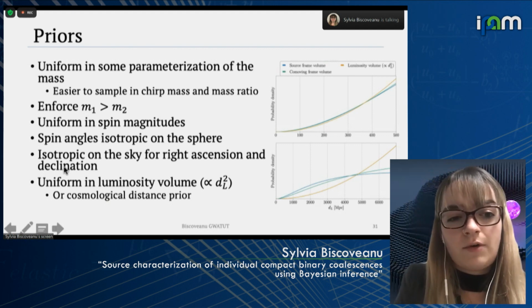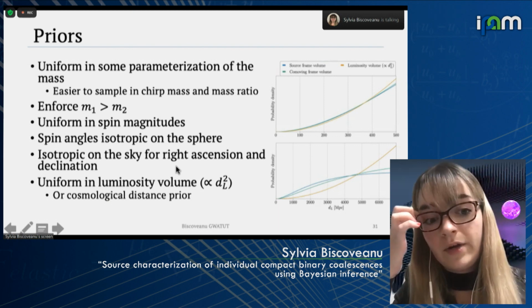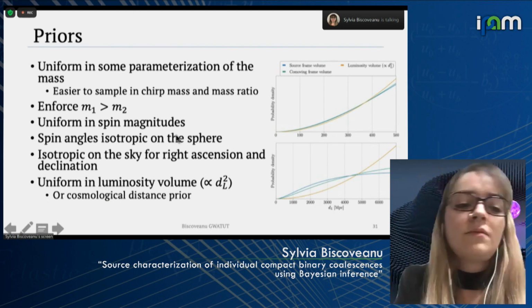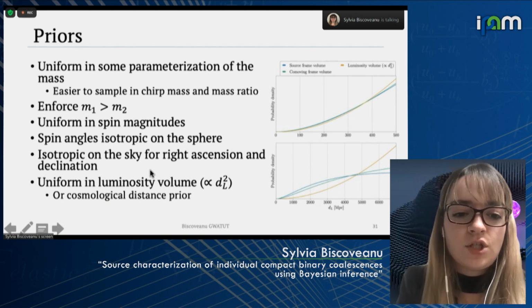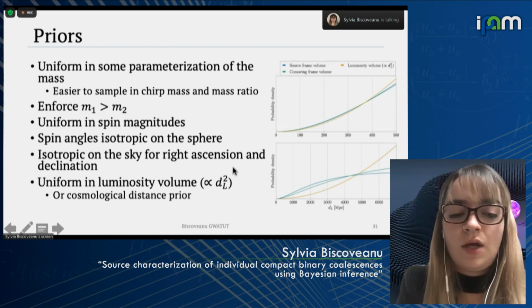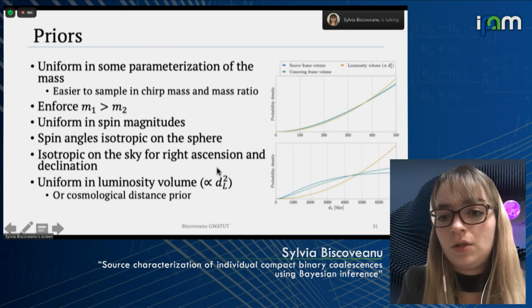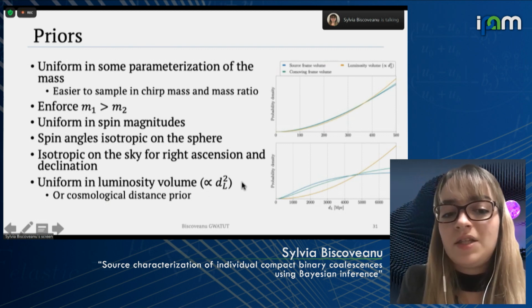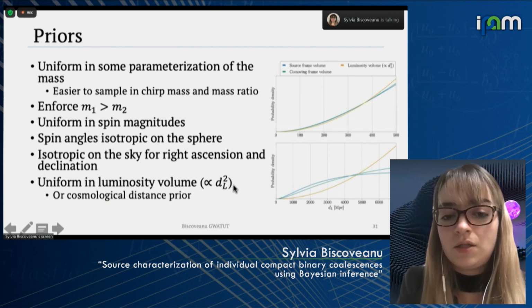For the extrinsic parameters, we assume that the sources are distributed isotropically on the sky for right ascension and declination. And then for the distance, there are a couple choices. So one is assuming a uniform in luminosity volume prior, so proportional to the luminosity distance squared. And this is just because with gravitational waves, what you measure is the luminosity distance directly.